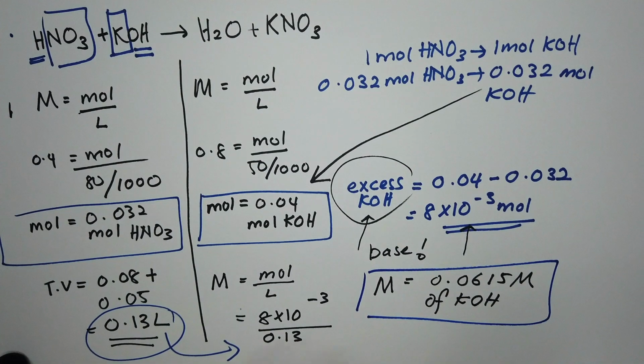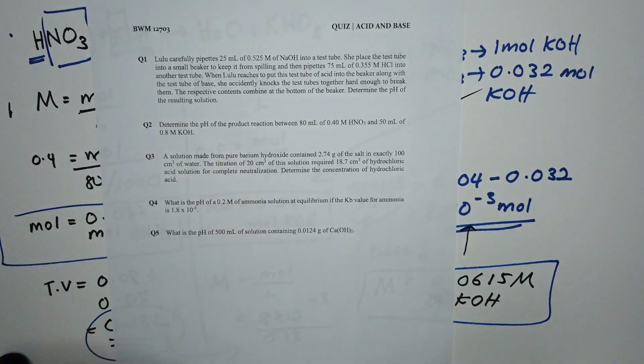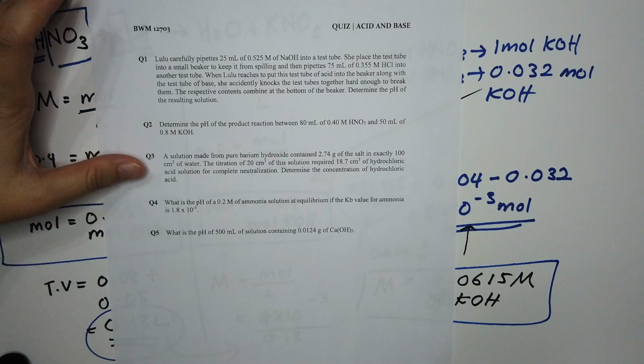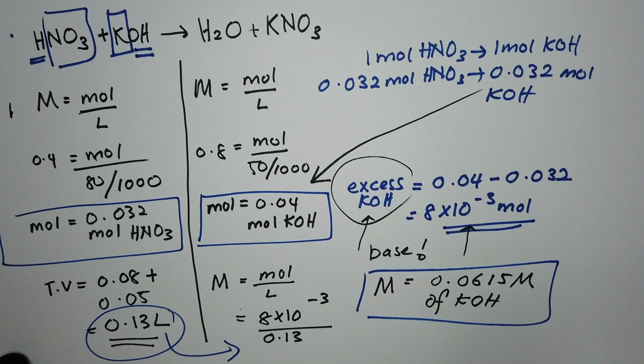But this is not the end yet, because in the question you were asked to determine the pH of the product. So what shall the pH of the product be? Since that is basic, we need to calculate the pOH before we can get the value of pH.